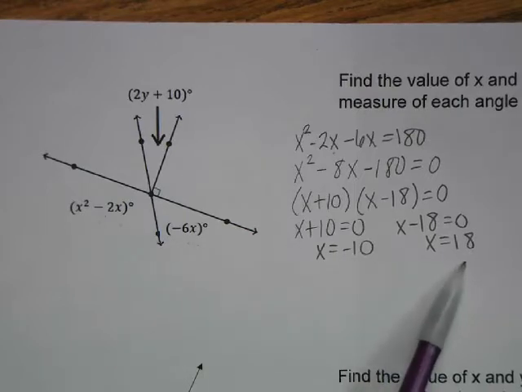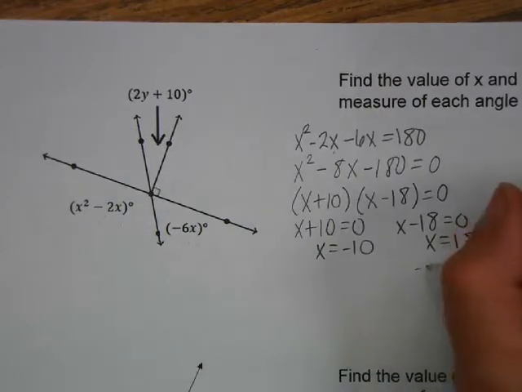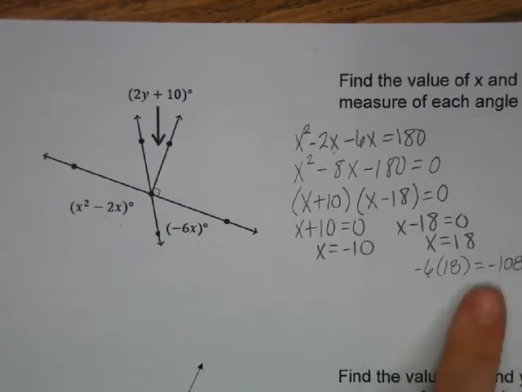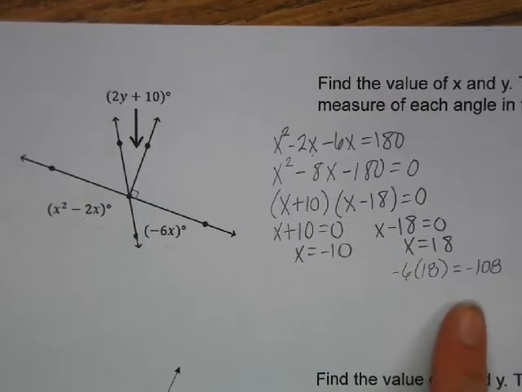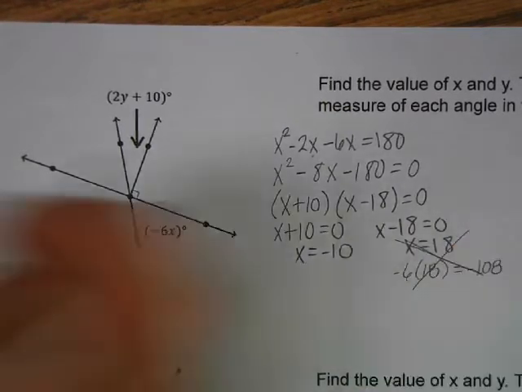So notice if you were to plug in 18 in for x, you'll get negative 6 times 18, which is going to give you a negative value. So if you do negative 6 times 18, you're going to get negative 108, but you're not going to get an angle that's negative 108 degrees, so that value is not possible.